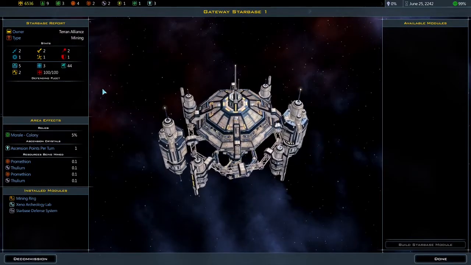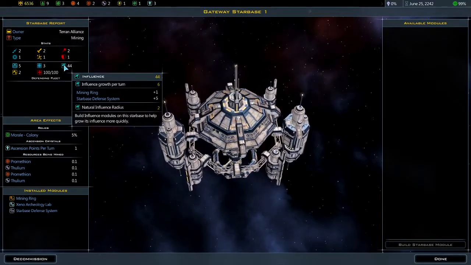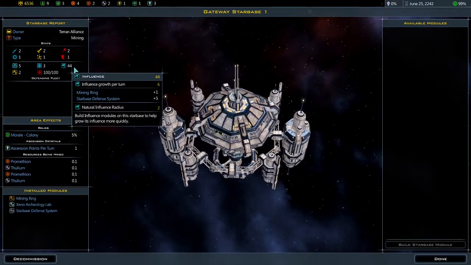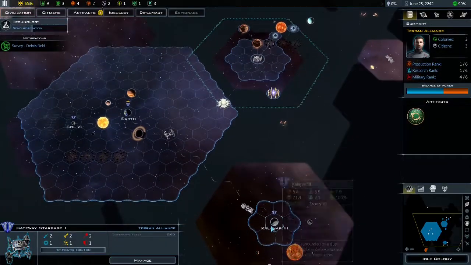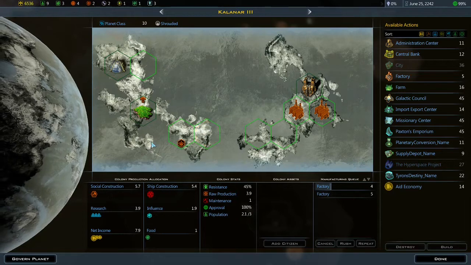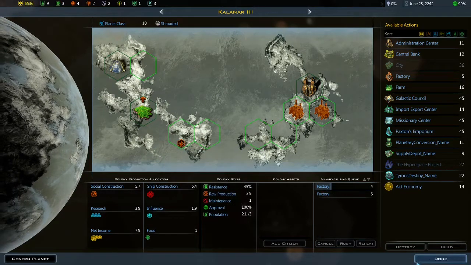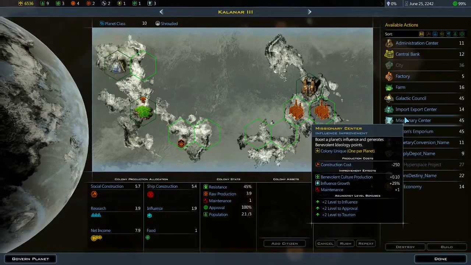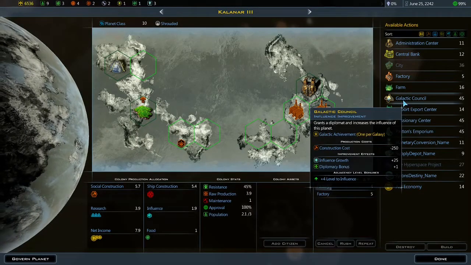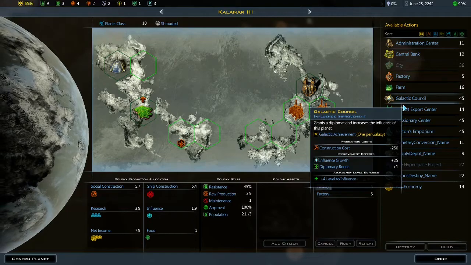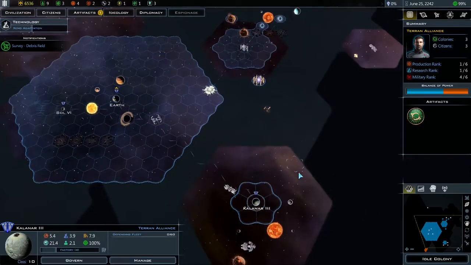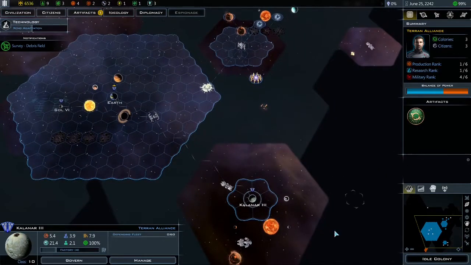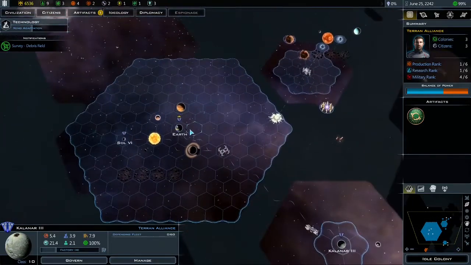So, for example, in our starbase, we have an influence growth per turn of 6, and in our planet in here, we have an influence growth of 1.9. Building a Galactic Council in there to get plus 25 influence growth could be nice, but that's pretty close to our Earth, so we wouldn't get many benefits from that influence growth.